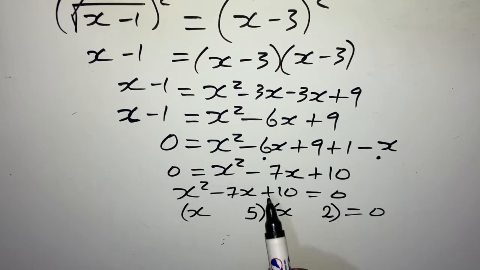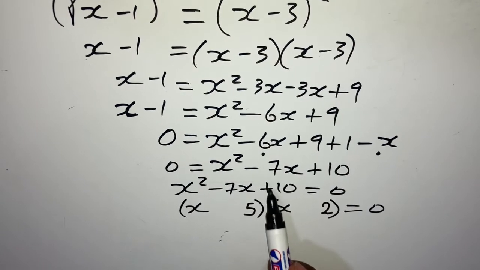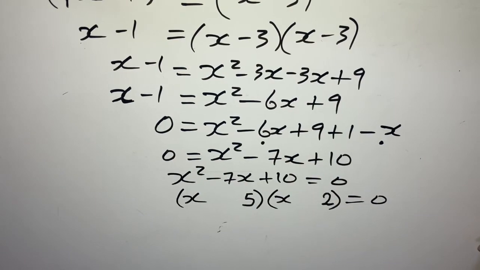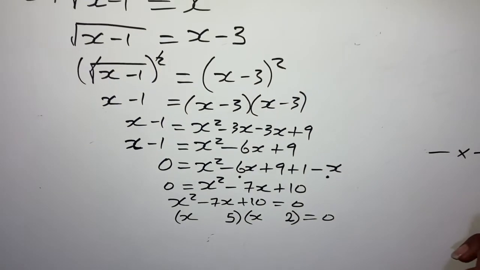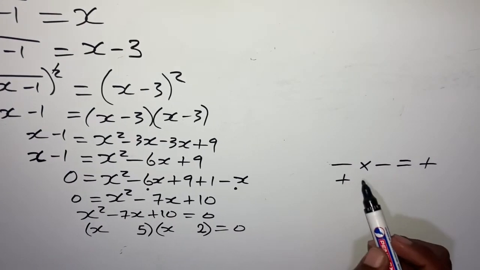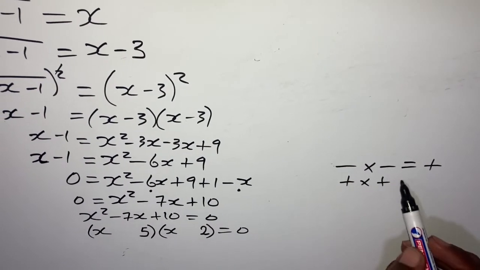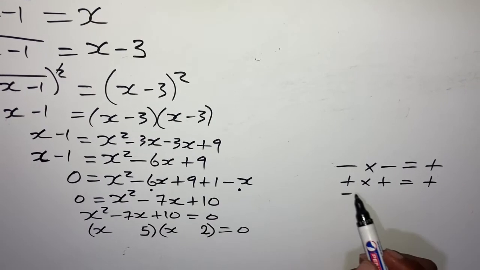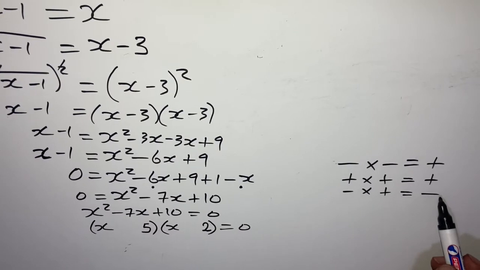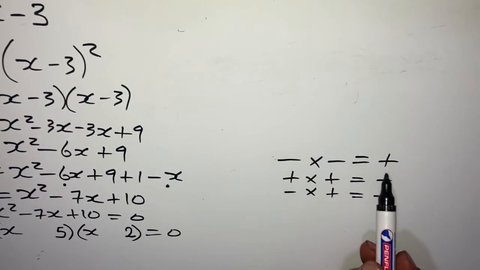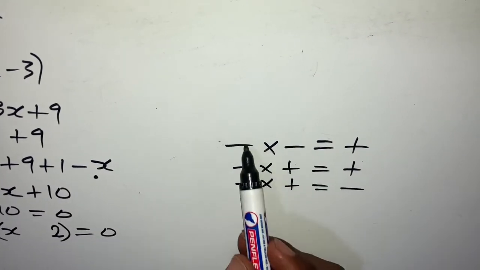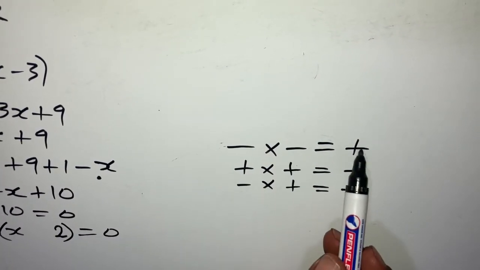Then from here, a plus means that my signs are to be the same, going to that product rule of a negative times a negative giving us a positive, a positive times a positive still giving us a positive, and a negative times a positive giving us a negative. So a positive, you only get it if your signs are the same.